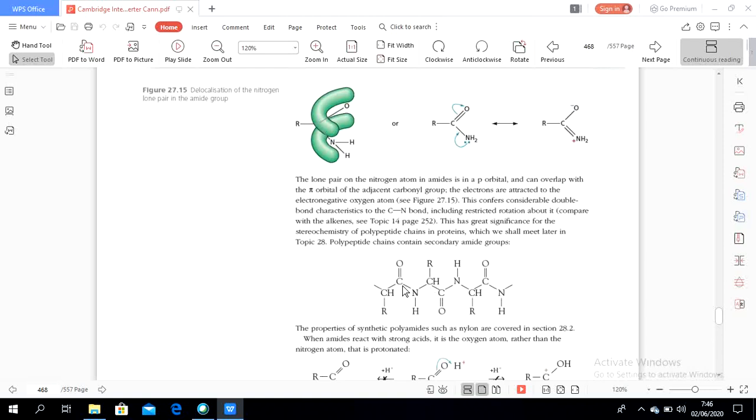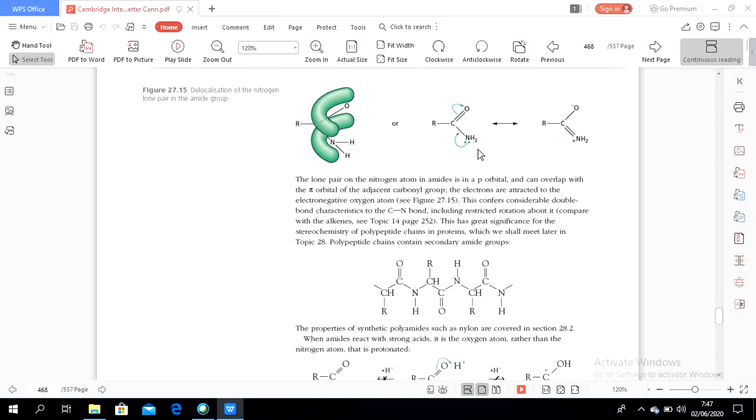We know that if the nitrogen of a molecule is bonded to two different groups of atoms, it is considered to be a secondary structure. Okay, let's see this one. It has restricted rotation about the C-N bond.